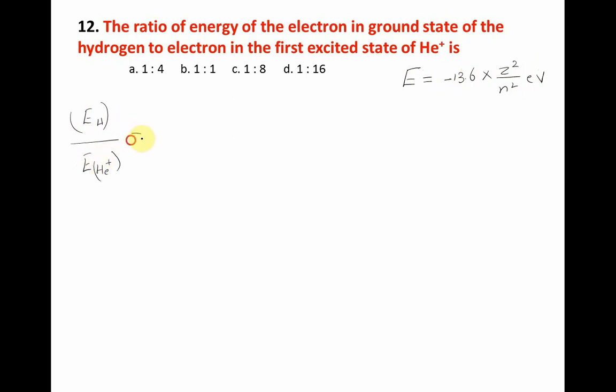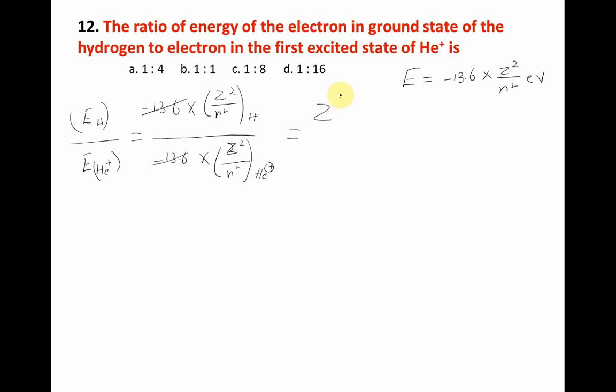It is minus 13.6 into Z square by n square for hydrogen divided by minus 13.6 into Z square by n square for helium. These two get cancelled. So finally we get Z square of hydrogen by Z square of helium into n square of helium by n square of hydrogen.